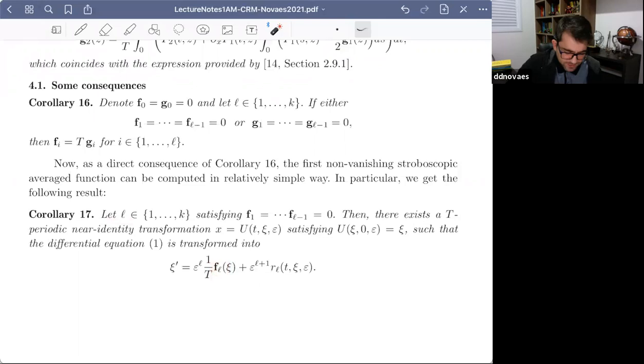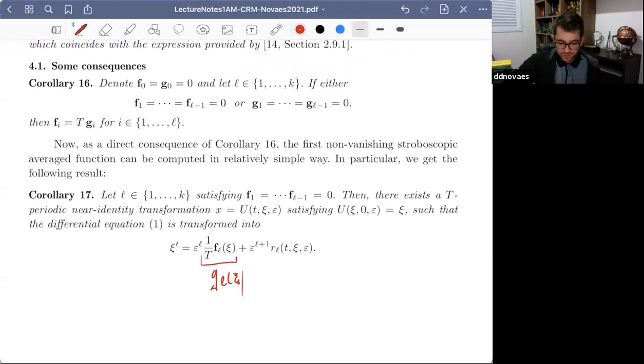Then there exists a t-periodic near-identity transformation x equals u plus t epsilon, satisfying this stroboscopic condition, such that the original difference equation, the first one I have introduced, is transformed into this differential equation. And now what we have here is the average function provided by the Melnikov method. Okay? This is because, in these conditions, it's equal to GL of c.